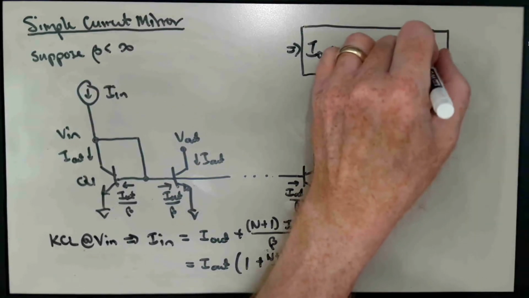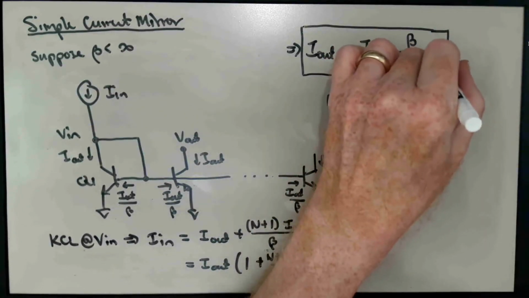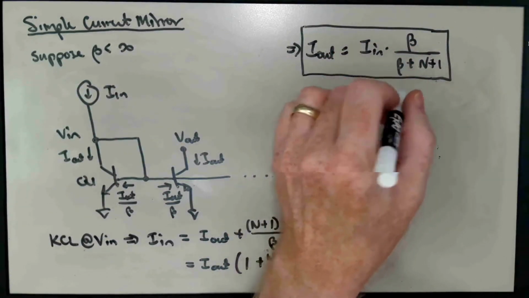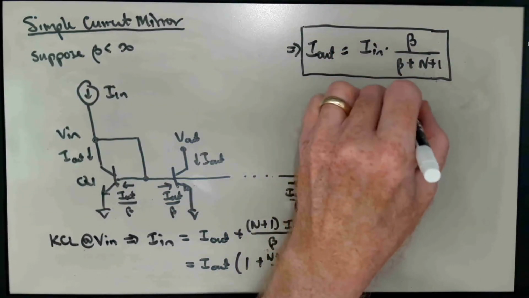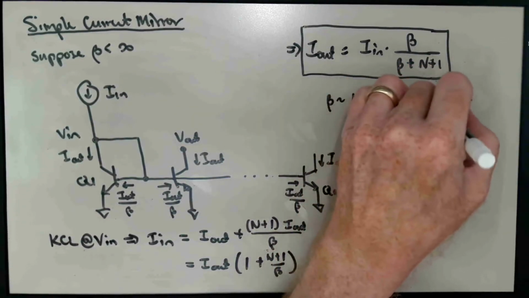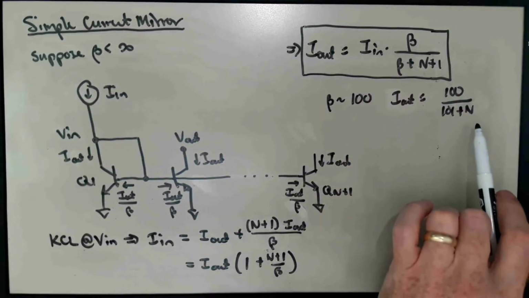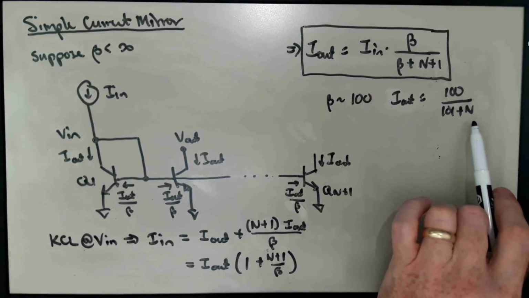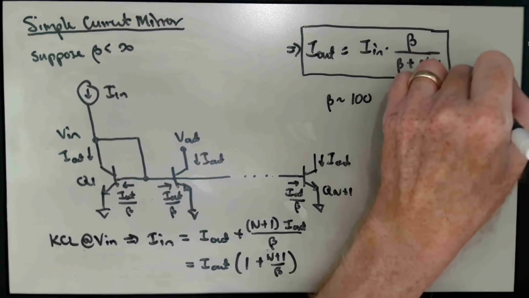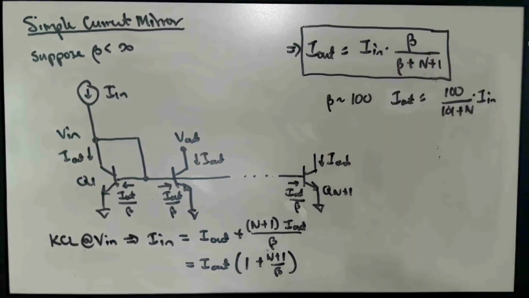So if beta is 100, then I out equals 100 over 101 plus n. And if n is, let's say, 10, well then we're going to have an error that's more like 10%. If n is 100, then we're going to have an error that's something like 50%.